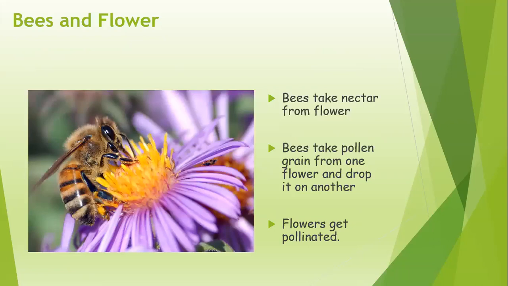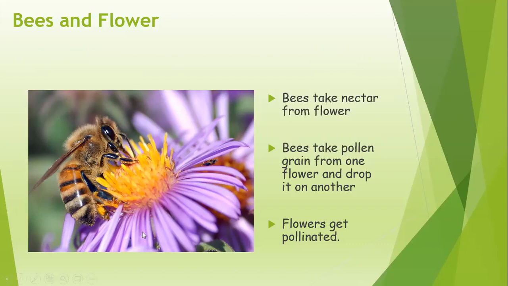Now let's start seeing different types of relationships here. For example, here this bee and the flower. What happens here is that when this bee comes on this flower, it starts sucking the juice from here, which is called nectar. This nectar is like food for the bee, and it is sucking the nectar.